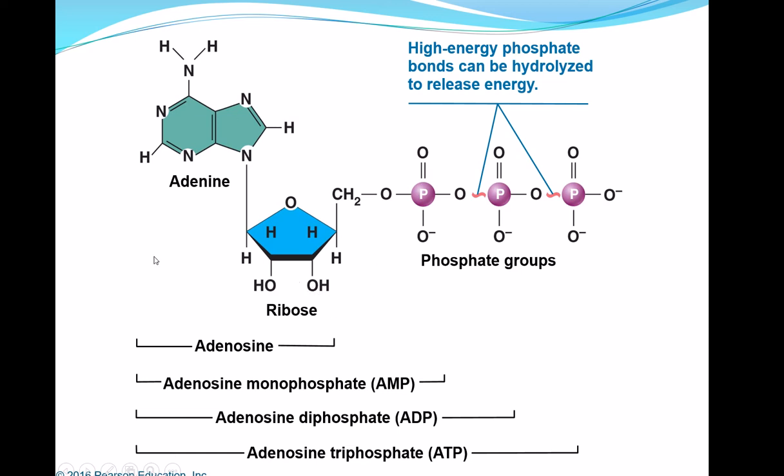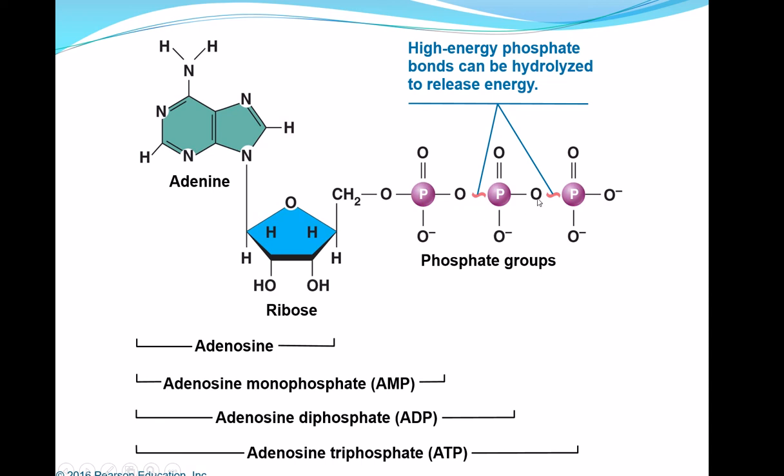So here's the adenosine molecule. It's an adenine nucleotide plus the ribose sugar, and then we attach various phosphate groups onto it. If we have 1 phosphate group, we have adenosine monophosphate. If we have 2 phosphate groups, we have adenosine diphosphate. And if we have 3 phosphate groups, what we have is adenosine triphosphate, or ATP.